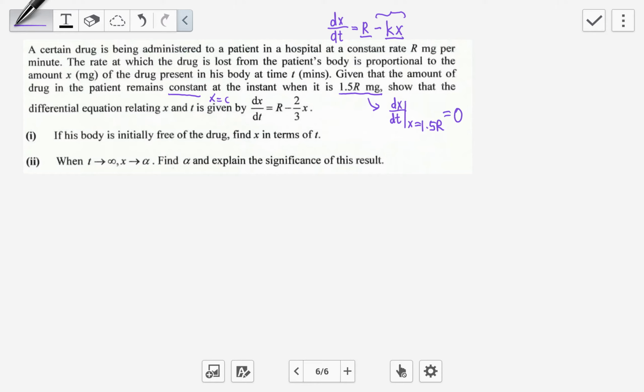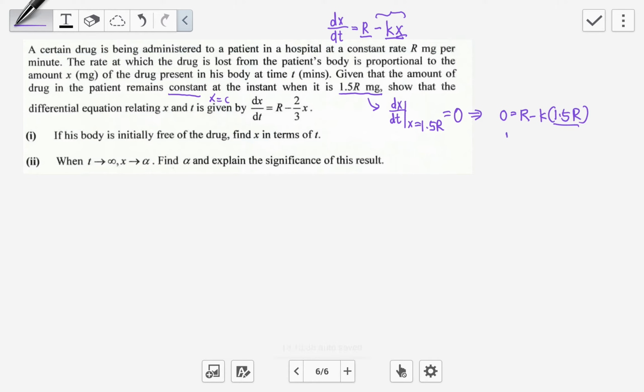So that will lead to 0 equals R minus k times 1.5R. 1.5R is your x, right? That will allow me to find k in terms of R.